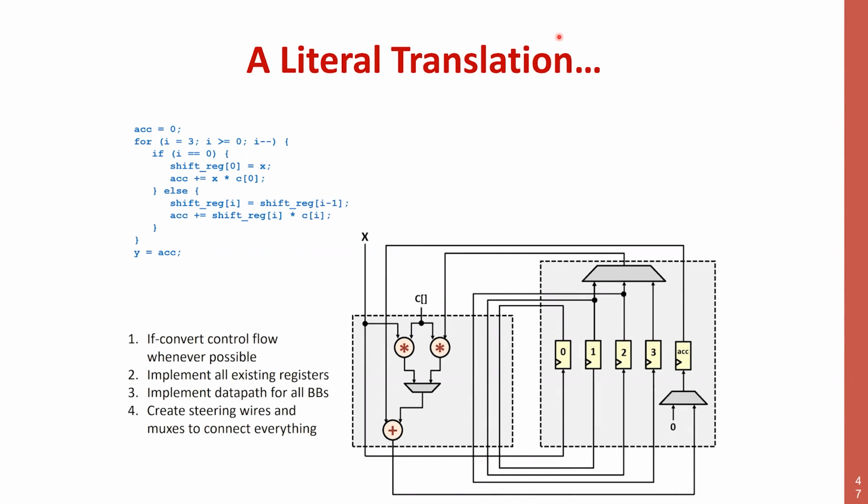The first thing that we can do with this piece of code is to make a literal translation using this idea that I outlined before of this sort of template where I put on one side all the pieces of storage that I need. Here are the pieces of storage that I need to contain shift reg 0, 1, 2, 3. Here is ACK, so essentially all the individual variables that I have in my program.